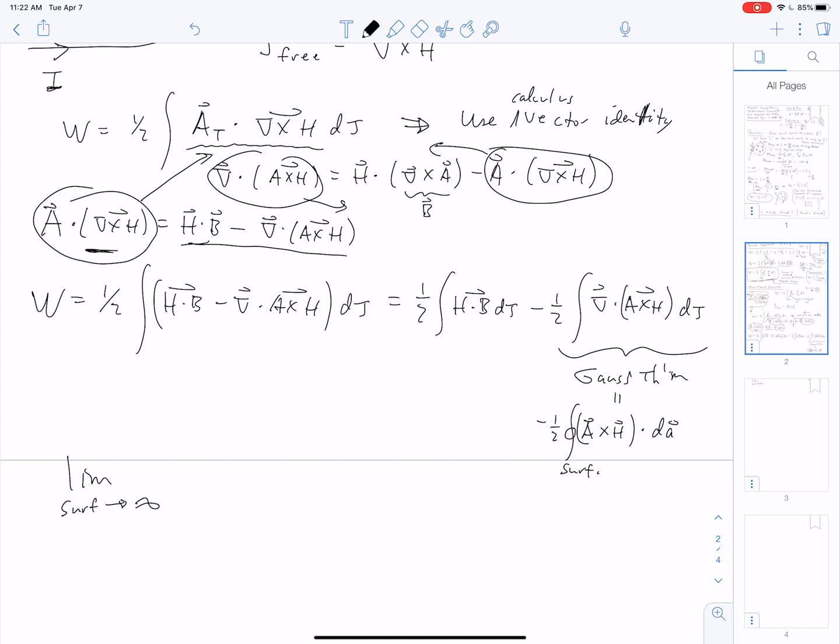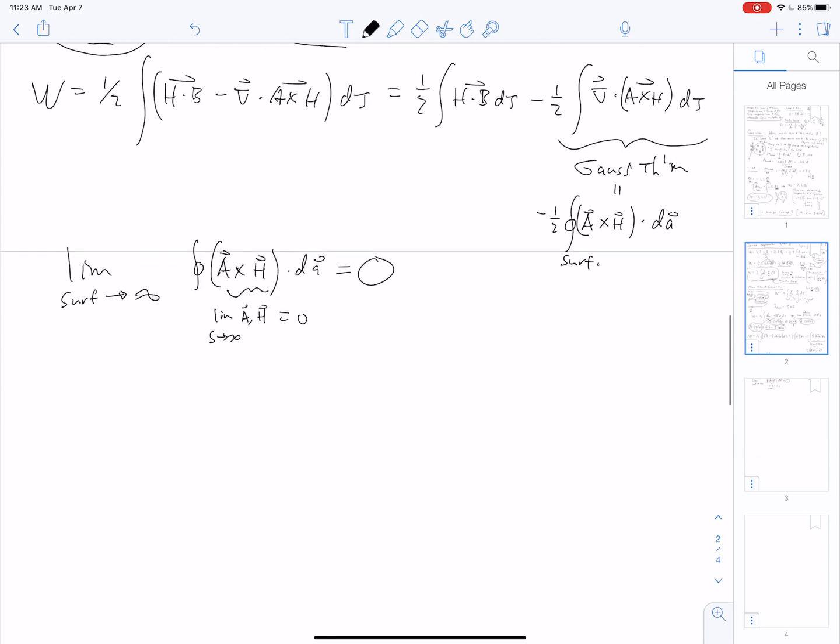So we'll take the surface to infinity, and then we see that the integral of A cross H dot dA is going to equal 0. You could guess it because these things go to 0 at infinity, because the limit of A and H as the surface goes to infinity is equal to 0.